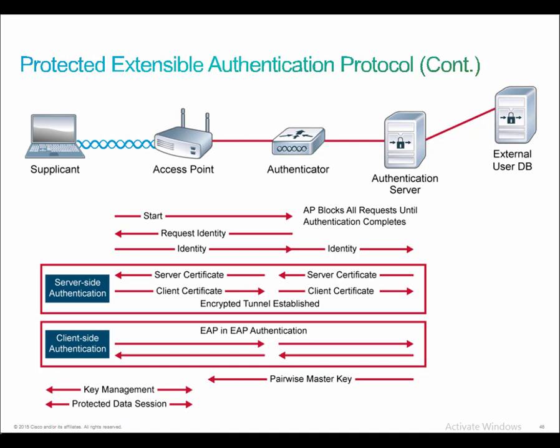So this is a much more basic process in which we're generating this pairwise master key, but the supplicant is not sending a certificate to the server, right? I think the diagram they have here is incorrect.